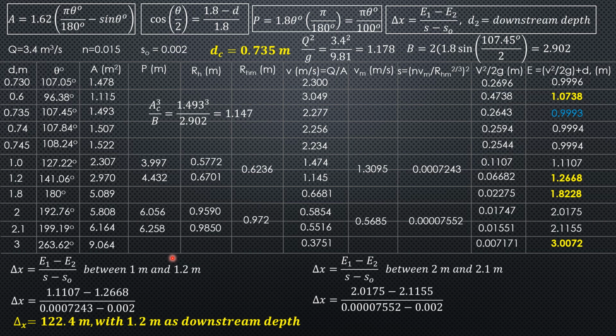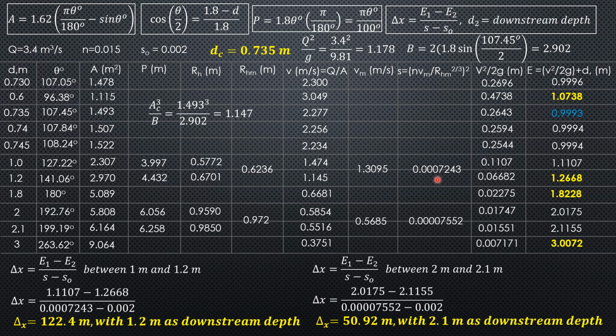Then for the distance, delta x is E1 minus E2 over S minus SO, where the deeper depth, 1.2, is considered the downstream depth. Then if this is positive, our assumption is correct. So E sub 1 would be 1.1107, E sub 2 would be 1.2668.